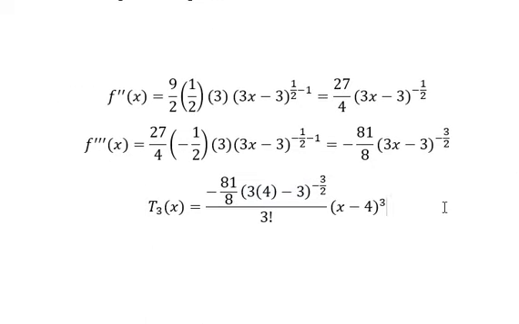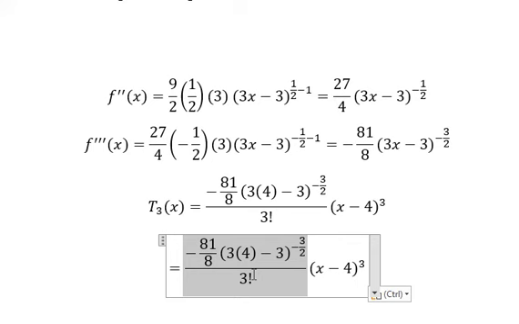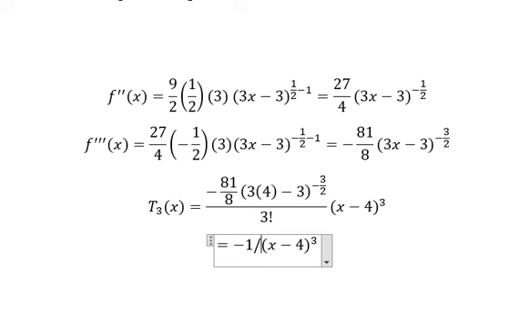So we calculate this number, and we have negative 1 over 16. This is the end.